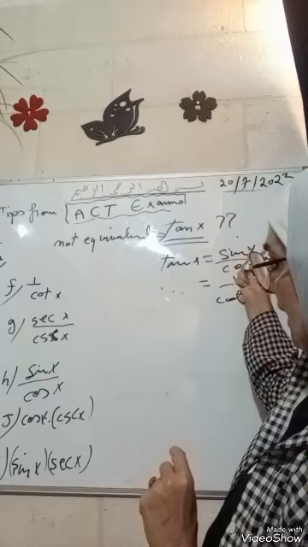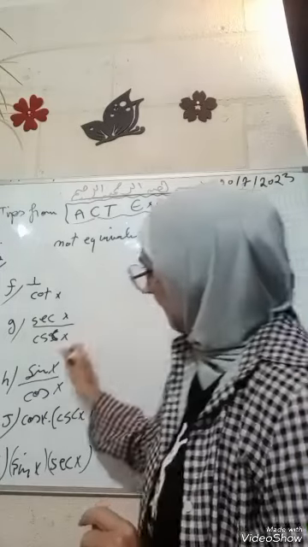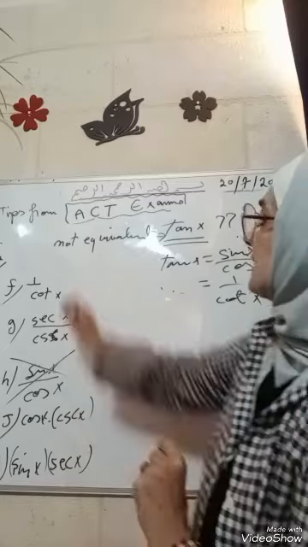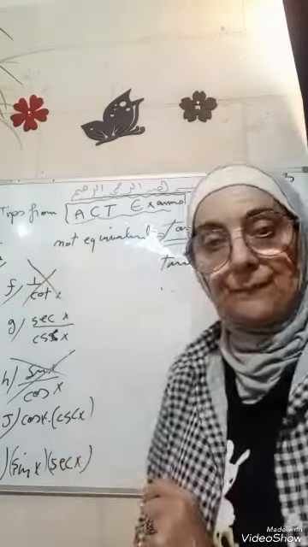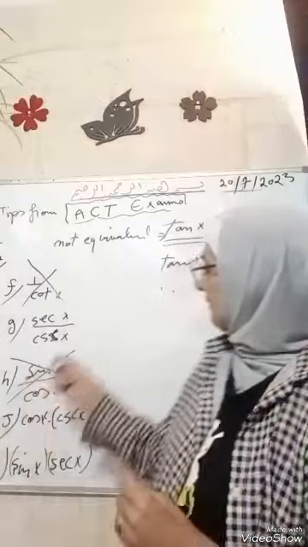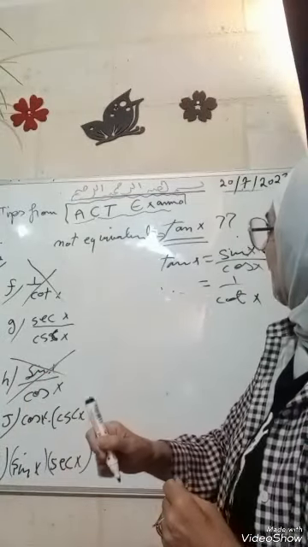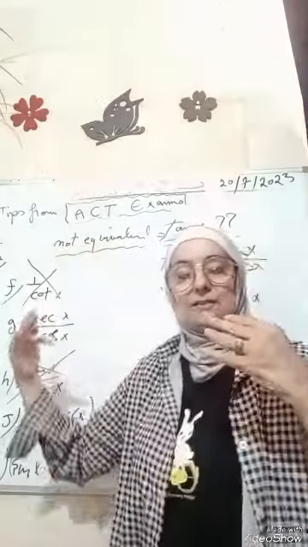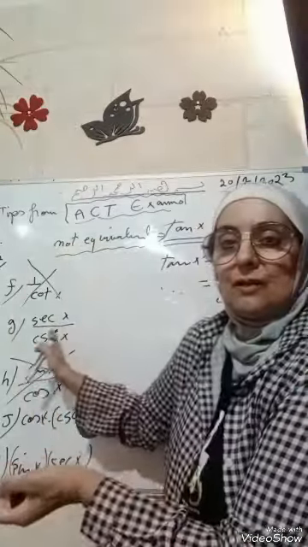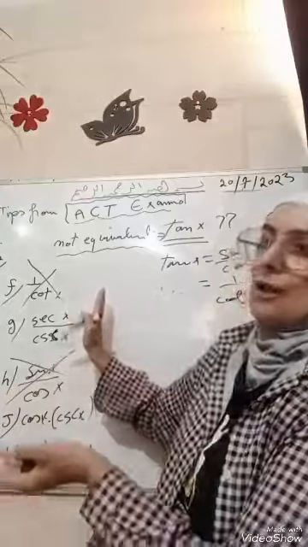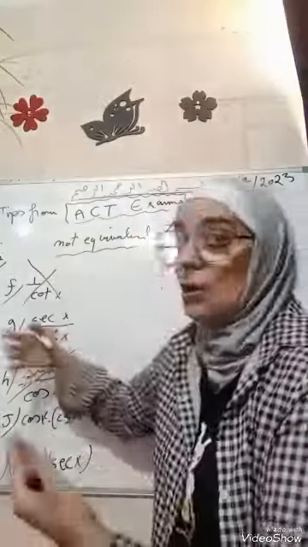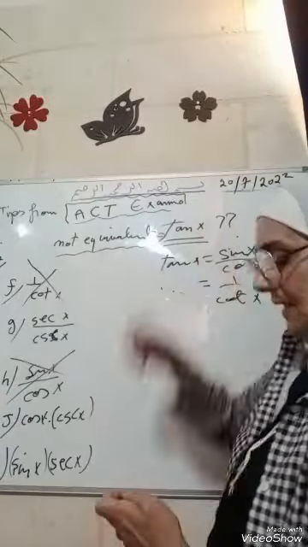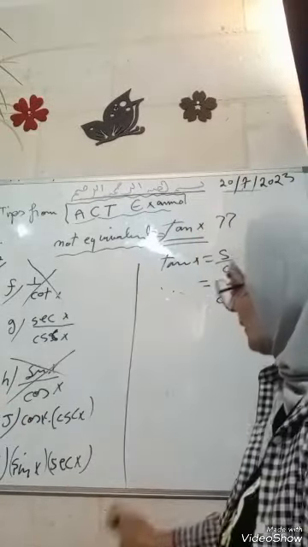Sine x over cosine x, this one is eliminated. 1 over cotangent x, this one is eliminated. So one of the three others would be not equivalent to tangent x. So the trick here is I'm going to come to the choices and solve them, so I would know which one is not equivalent to tangent x. Let's go and do it.